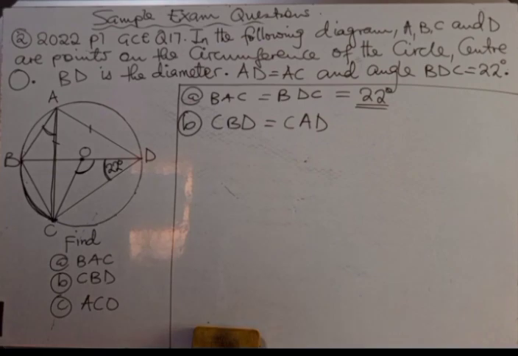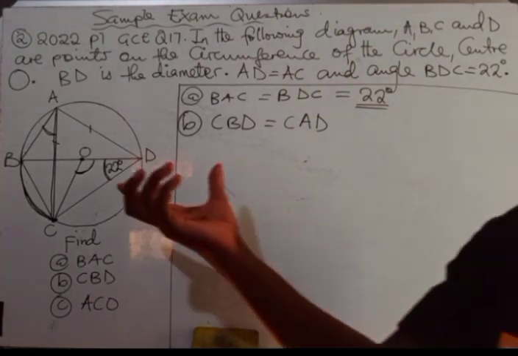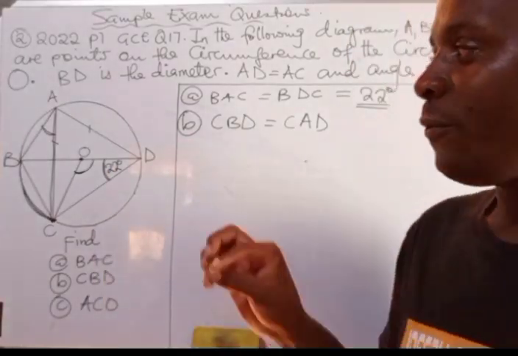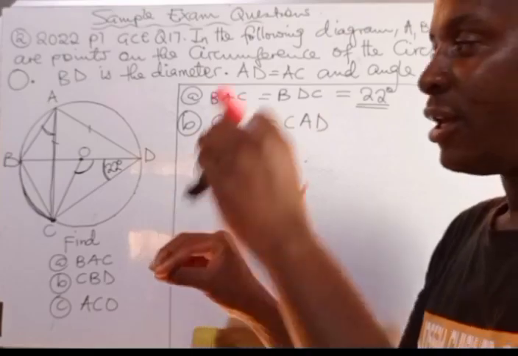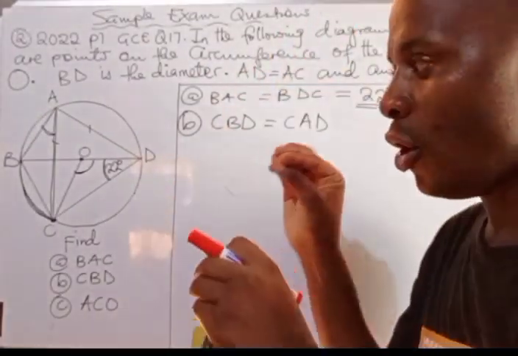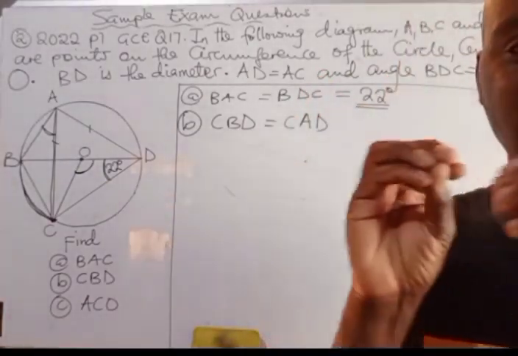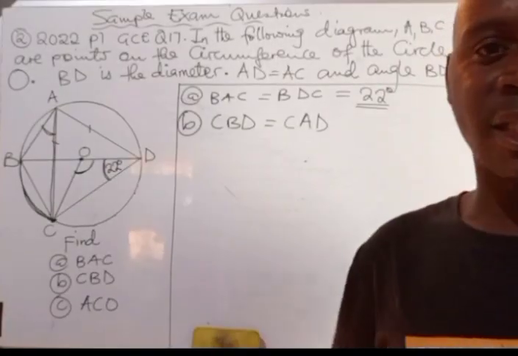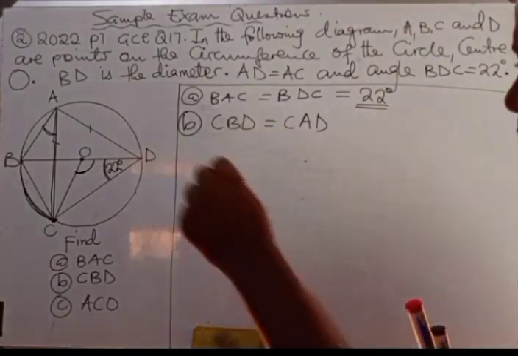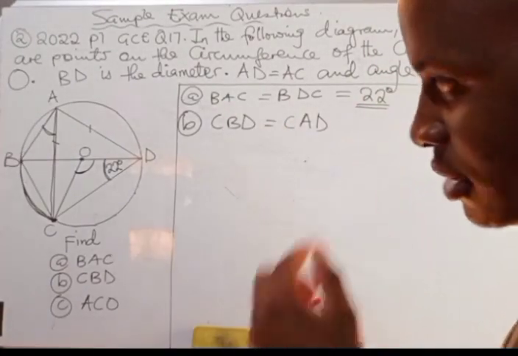Maybe I bring in this concept which I've always been bringing. When you are answering circle theorems, it is advisable to first fill in all the necessary angles, so that when you are answering questions, you are just picking answers. So allow me to first fill in all the angles.